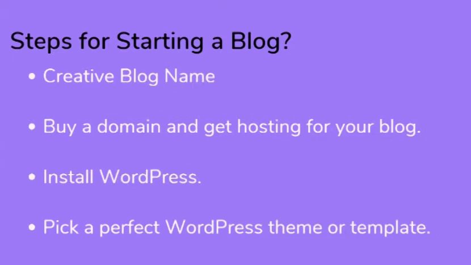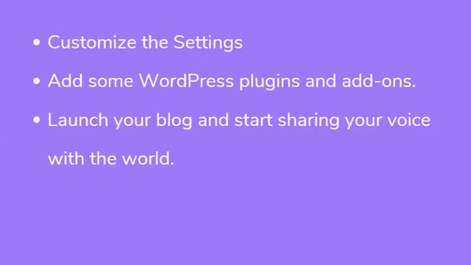Pick a perfect WordPress theme or template. Once WordPress is installed and you have got the blog link, next is to provide a perfect WordPress theme to the blog. Customize the settings. After selecting a theme, you have to customize it.